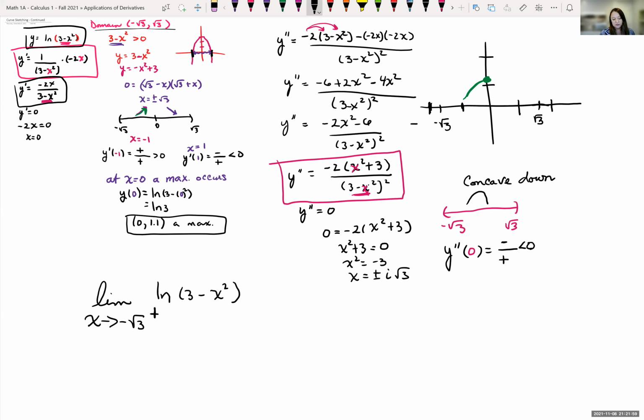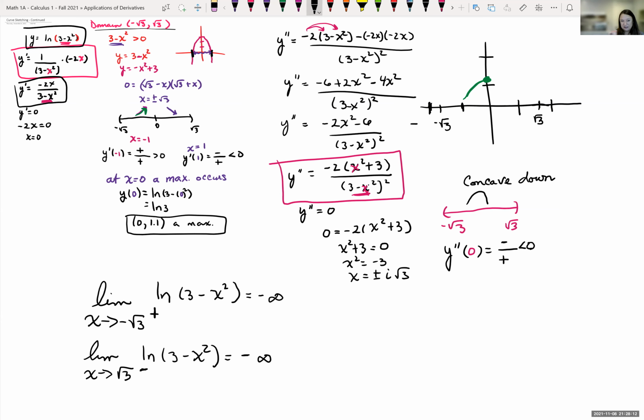We can't do the direct substitution because if we do that, we get the natural log of 0, which is undefined. So this right here is going to negative infinity. So it was shooting down. And the limit as x was going to root 3 for this natural log of 3 minus x squared on the left-hand side of that domain, we also saw that it was going down to negative infinity.